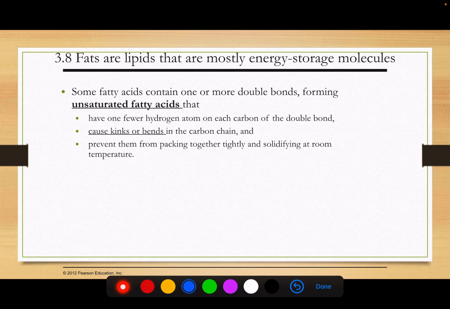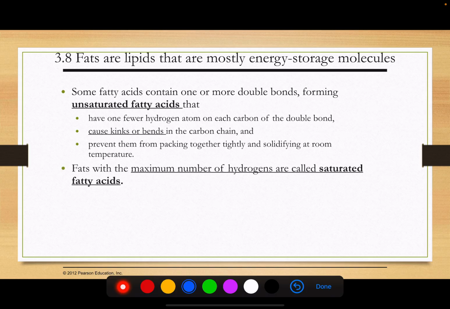These would be considered our oils. They're liquid at room temperature, versus the saturated fats, which have the maximum number of hydrogens. They have all single carbon-carbon bonds, and they pack nice and tightly at room temperature, and they form your solids.